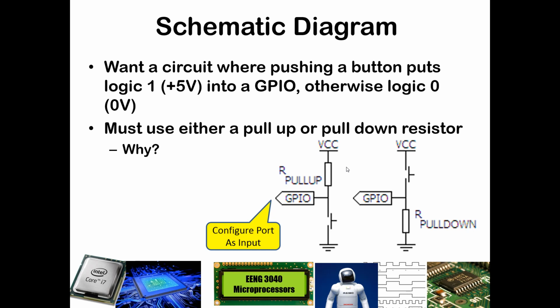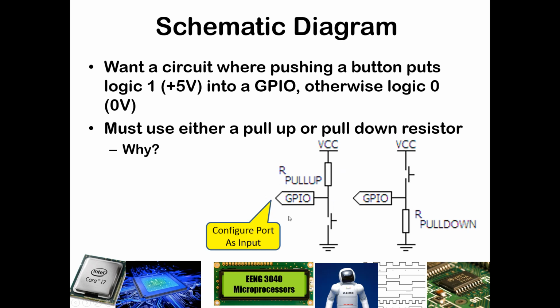In the case of using a pull-up resistor, as you see on the left side, let's think about what is happening here. If this button is not pressed, you have an open circuit to ground, so there's no connection to ground, and the connection is from VCC through this pull-up resistor and then into the GPIO. What will be seen at the GPIO will be approximately the same as VCC. Why is that?